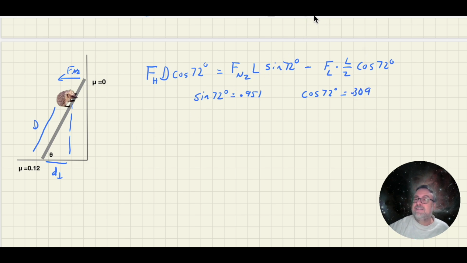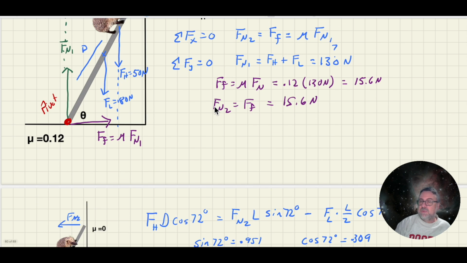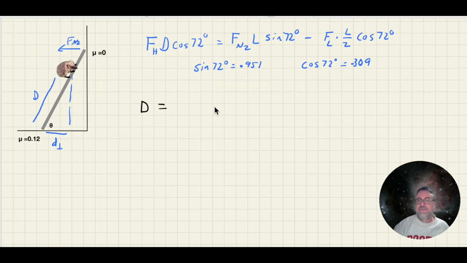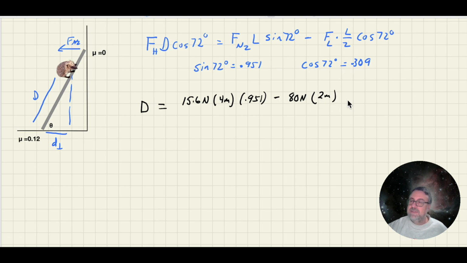So let us solve. Solving for D, on the top of this equation, I have the second normal force, which we saw was 15.6 newtons, times the length of the ladder, which is 4 meters, times the sine of 72, which is 0.951, minus the weight of the ladder, which was 80 newtons, times half the length of the ladder, which is 2 meters, times cosine of 72.